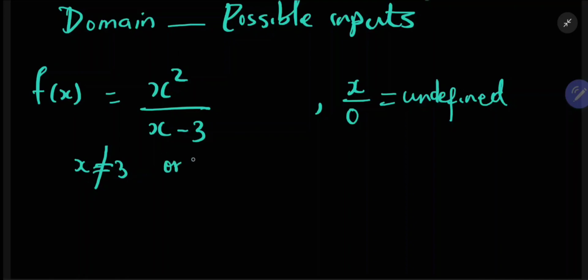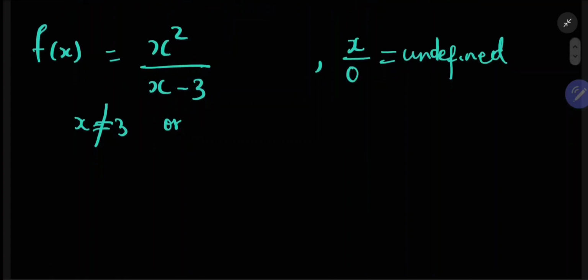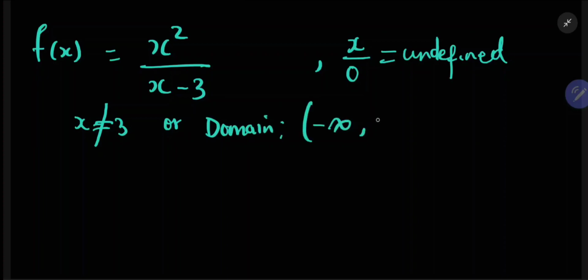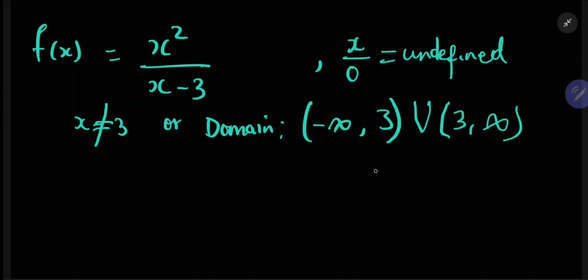So when you're asked about the domain of this function, you can either say x is not equal to 3, or more appropriately, you can write it as an interval, where you simply say that the domain is from minus infinity to 3 with the parenthesis, union 3 to infinity. Like I said in the first video, when you have a square bracket, it means 3 is part of the interval.